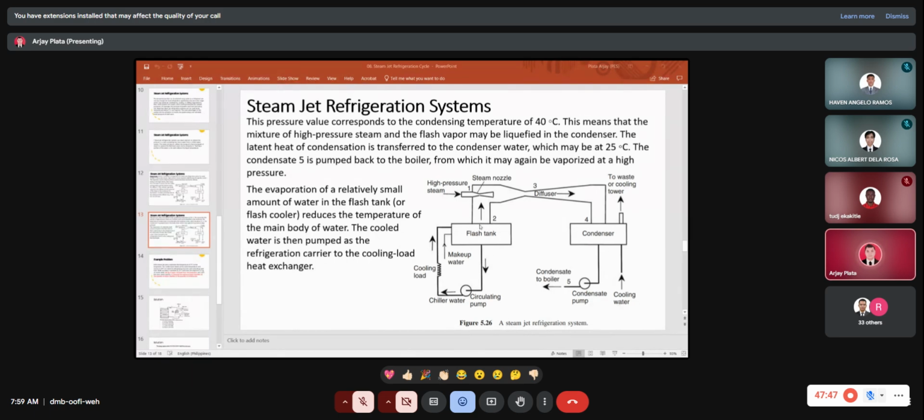So it will evaporate. That is one of the purposes of the flash tank, to separate the flash steam from the water. So we will also produce chilled water here at the flash tank. So this chilled water will be used as our refrigerant.